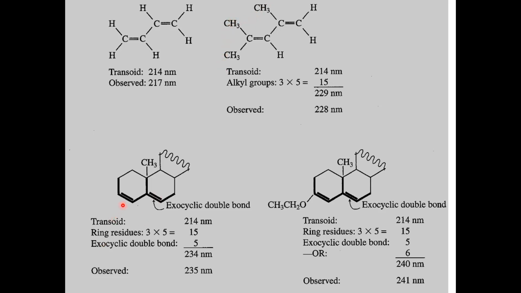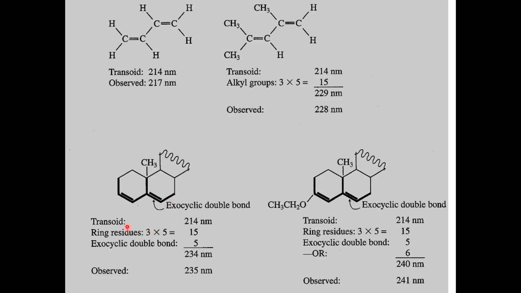In the lower structures, we also have a heteroannular diene ring system, but present in a cyclic structure. In these examples, we can encounter an exocyclic double bond, which will also increase the wavelength of maximum absorption by 5 nanometers.